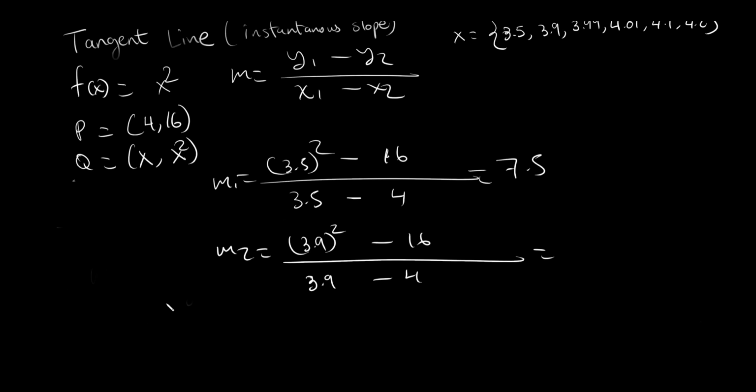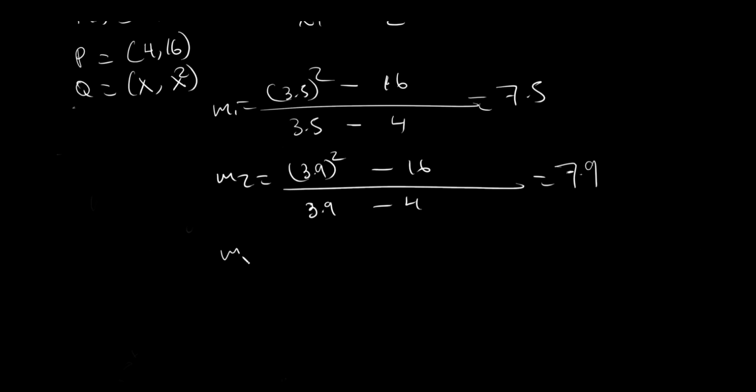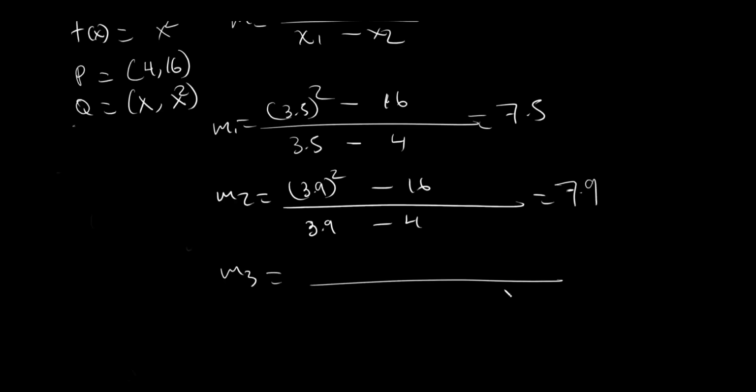Take our calculator again. 7.9. Alright, let's do the third slope, 3.99 squared minus 16, over 3.99 minus 4. We'll have 7.99.